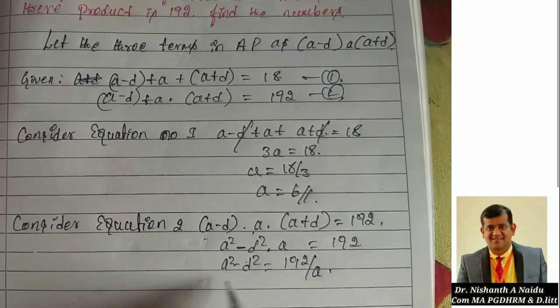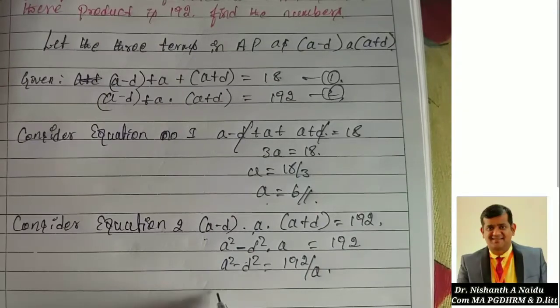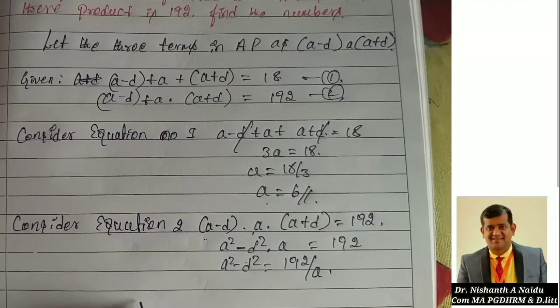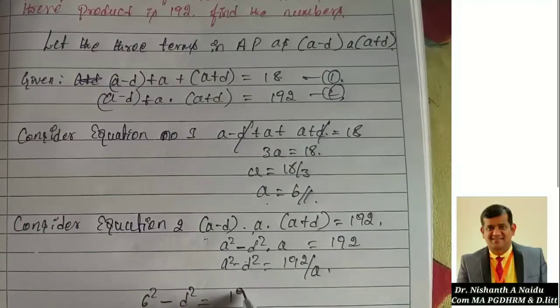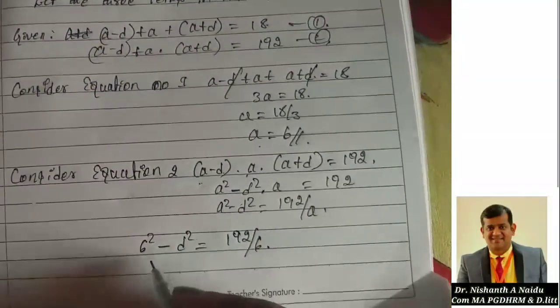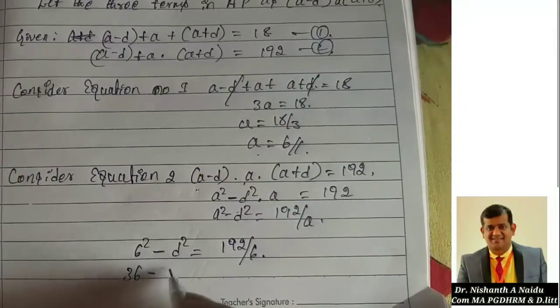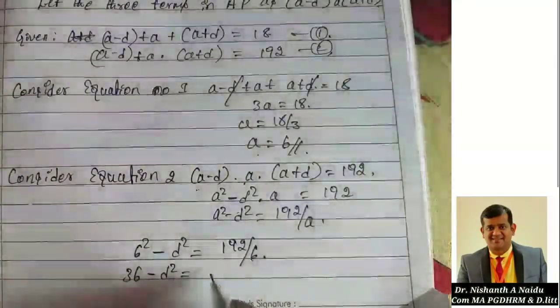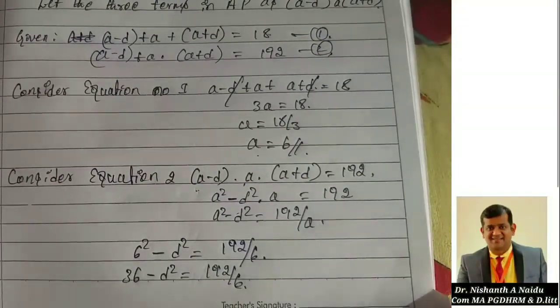If you consider that, A square and D square, what is the A value? 6. So A square means 6 square. So that is 6 square minus D square equals 192 divided by 6. So 6 to the power 2 is 36, minus D square equals 192 divided by 6.